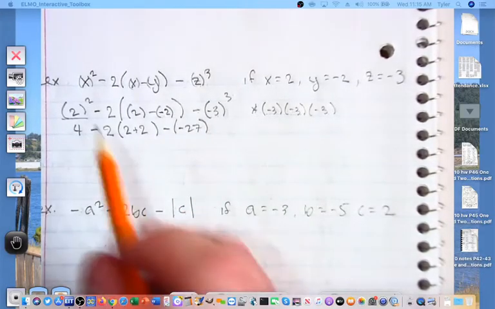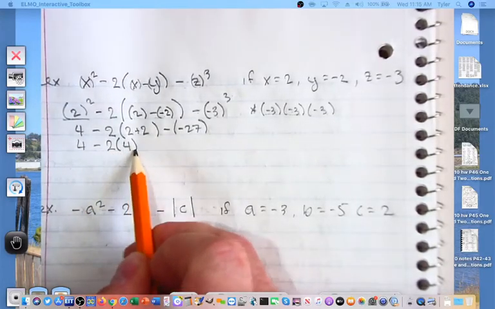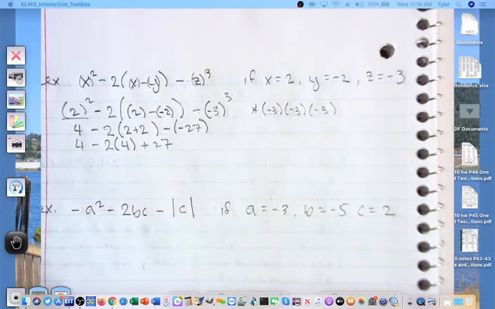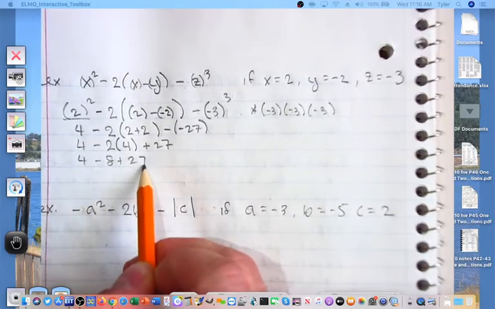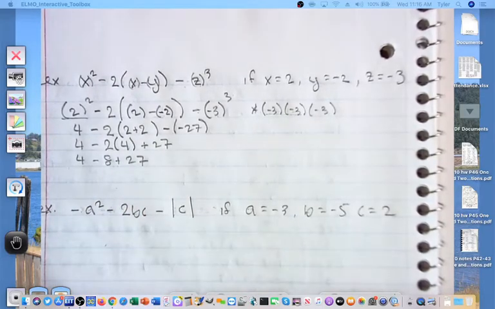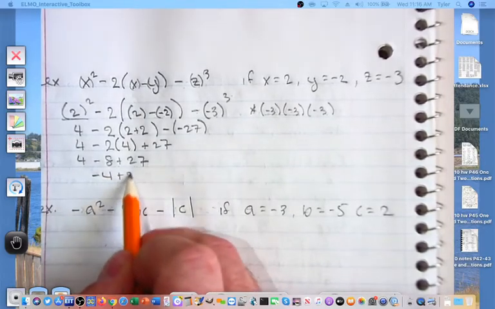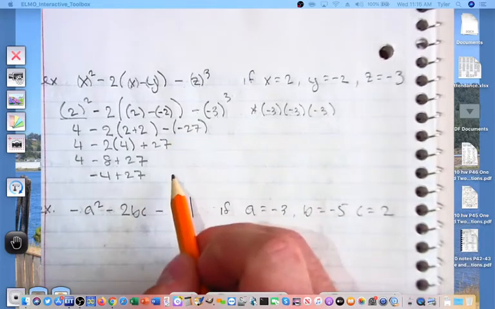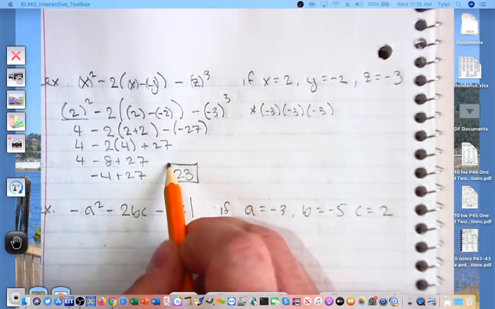Let's simplify a little further. 4 minus 2 times 4 plus 27. 4 minus 8 plus 27. And now that's just simplifying it a little further. That's going to be a negative 4 plus 27. And my final answer should be a positive 23.